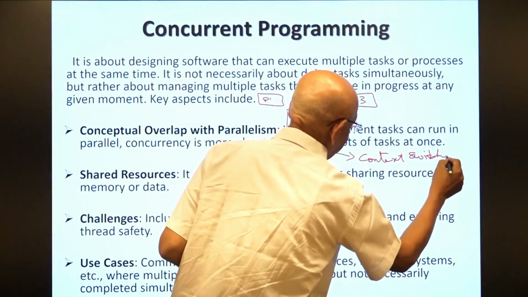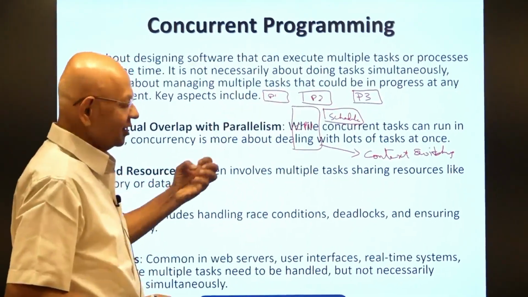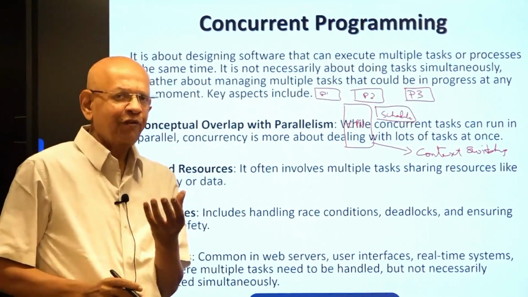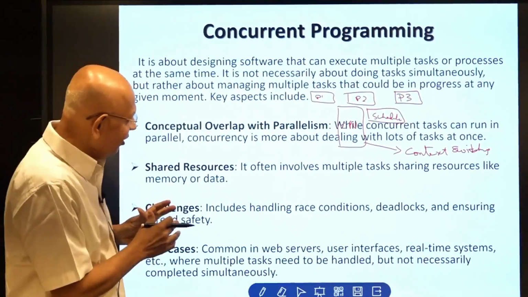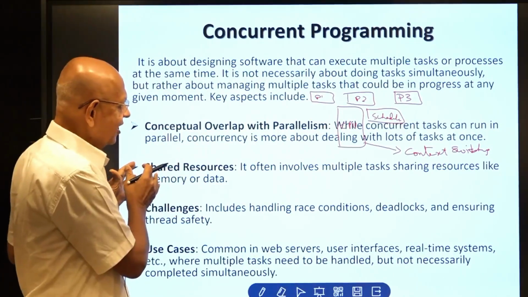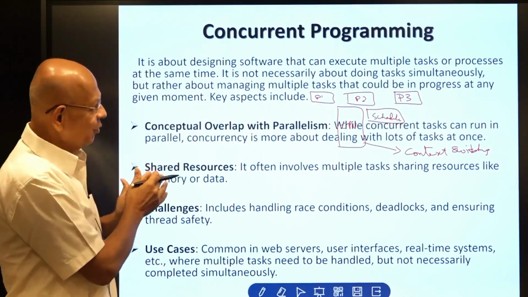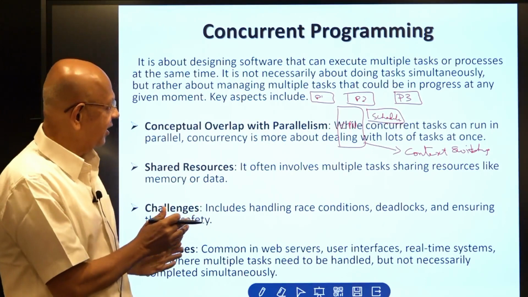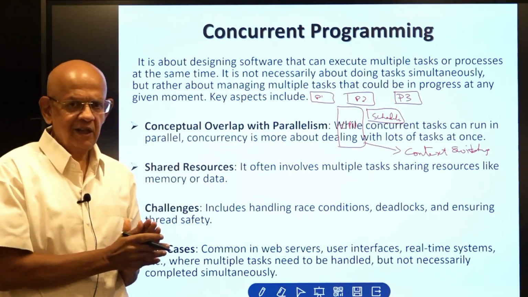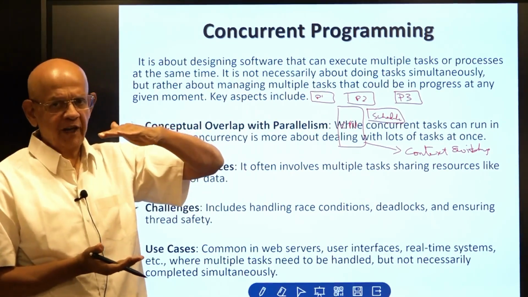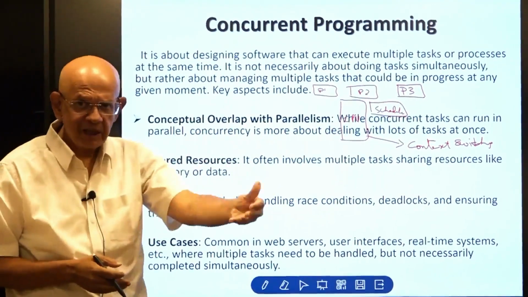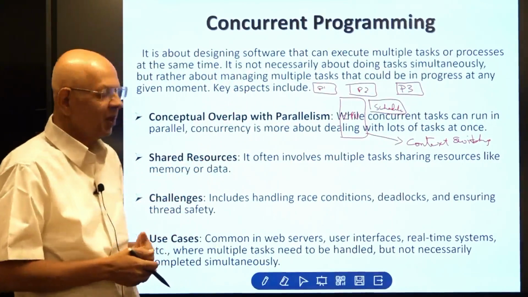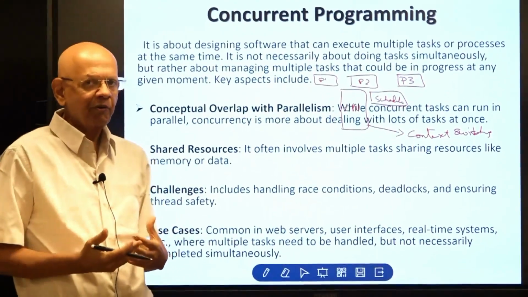Process P1 would execute for a certain period of time, and after that the scheduler would ask P1 to hold back and do a context switch, and then process P2 would start. It would be given a certain amount of time to execute, and then again there would be a context switch and perhaps P3 would start or P1 would resume. This is how concurrent programming would work.